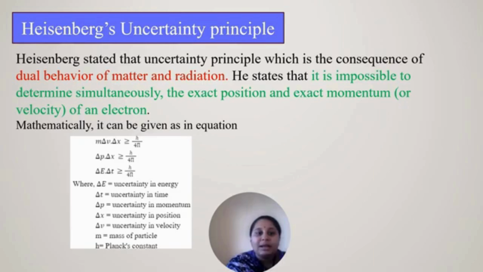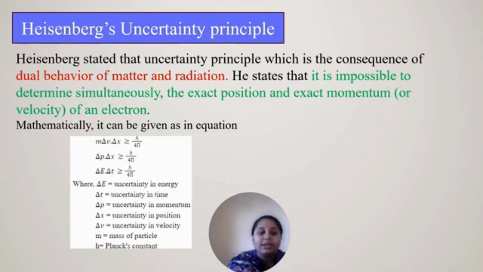And mathematically, he gave this in an equation as m delta v into delta x greater than or equal to h by 4 pi. So, delta p is given as m into delta v.